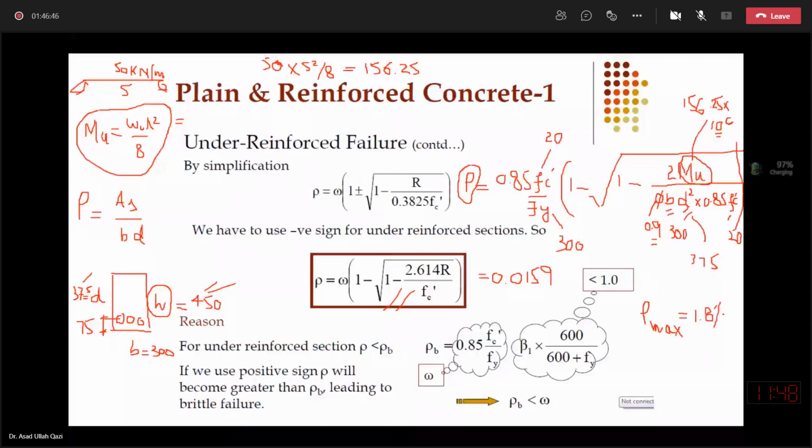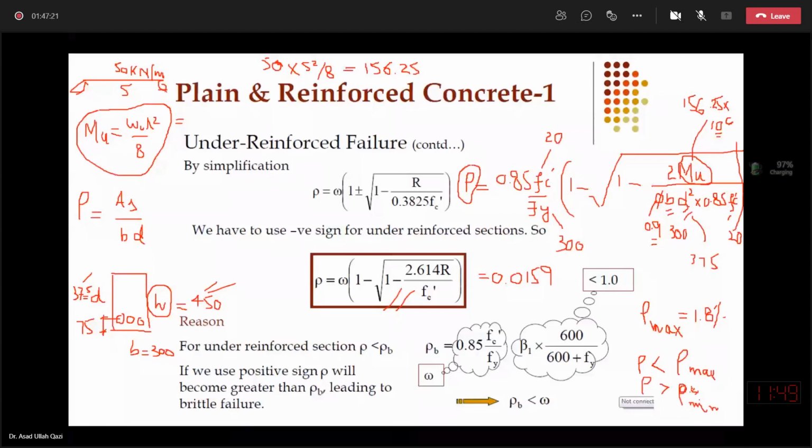So it comes out to be 1.59%. So I'm happy that the rho I have calculated is less than rho max. And obviously it is greater than rho minimum, because rho minimum you estimated a few minutes ago, it was 0.45 or 0.46 for the material grades which we are using in this problem.